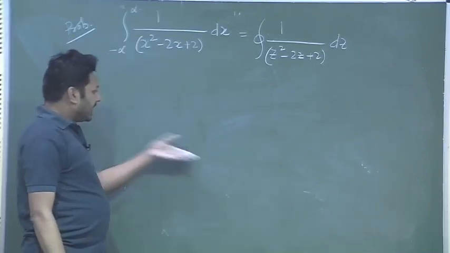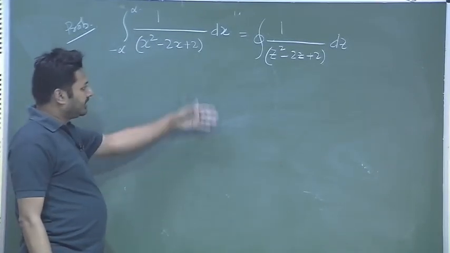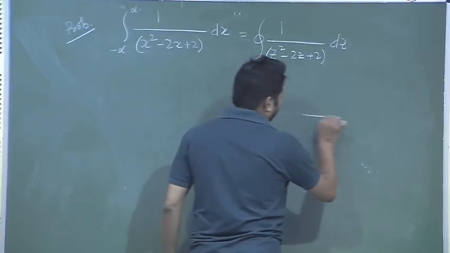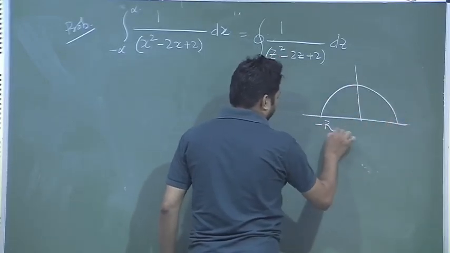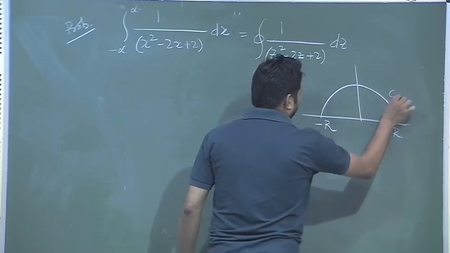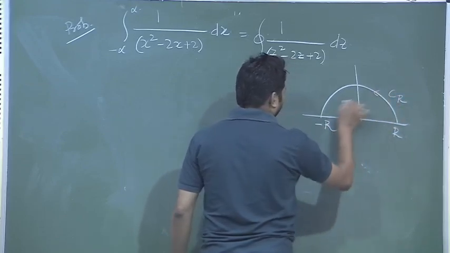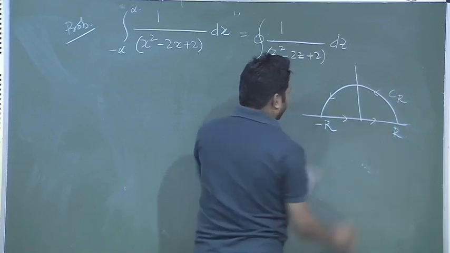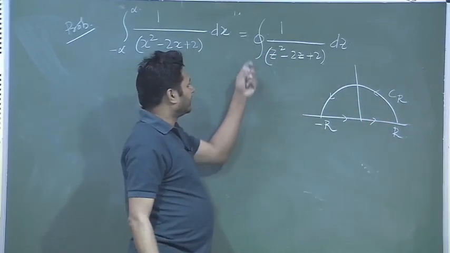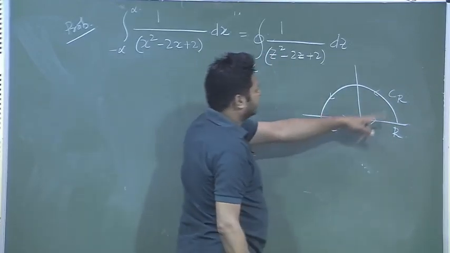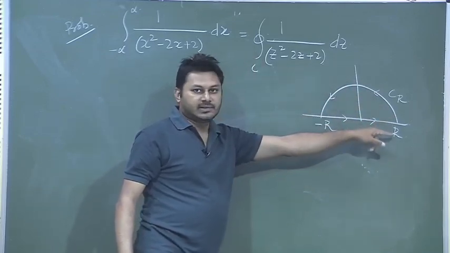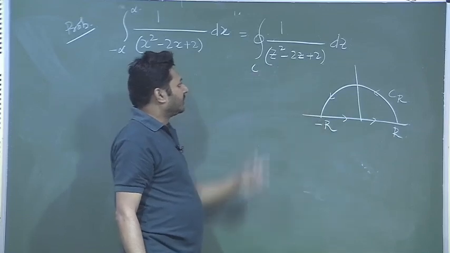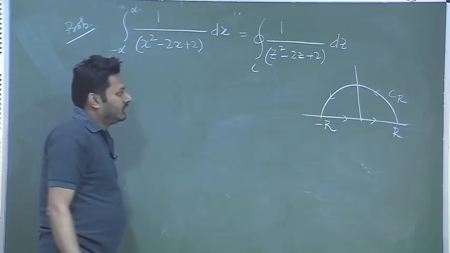This integration over the real axis, since I am going to evaluate it over this region that I showed, from minus r to r, and this is CR, and this is my closed path. So this path is C, the entire path is C. CR is only this from here to here, it is not a closed path. So this is the integration I need to evaluate.